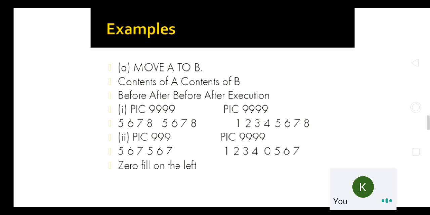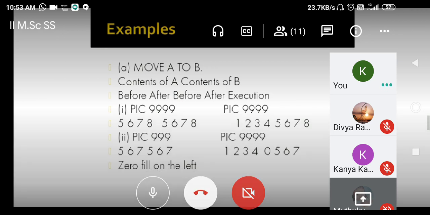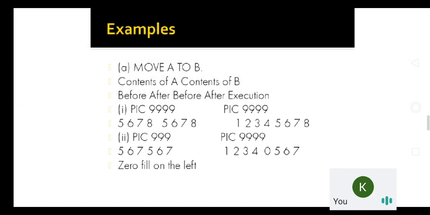Coming to the examples, this is the first example: MOVE A TO B. Capital A has some value, and we are going to move that value to capital B. Here we have two columns, before execution and after execution, and for each picture clause we have before and after.